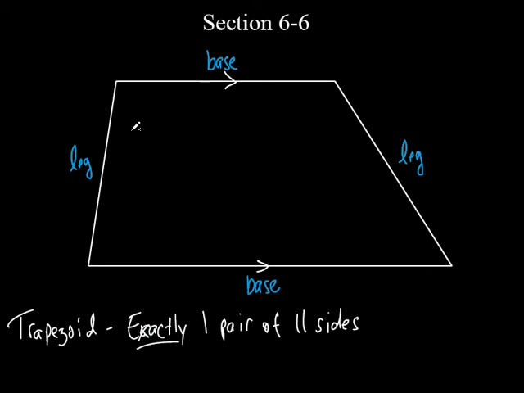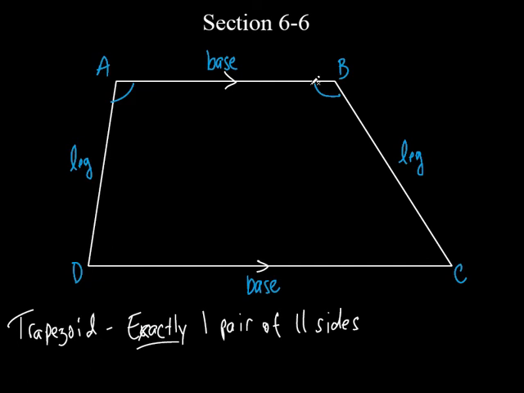You also have these things right here. Let's label this A, B, C, D so I can refer to them. Look at these angles A and B. This leg connects to this base, AB, doesn't it? And this leg over here on the right connects with this base.